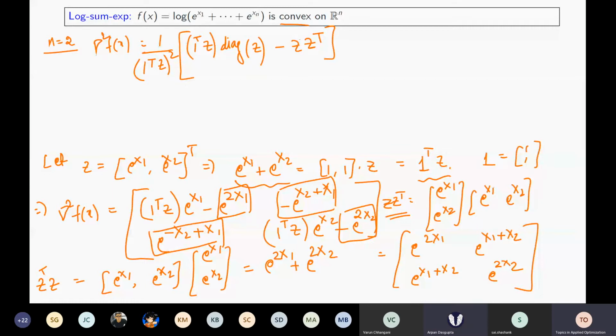And in that case, we can just take out e power x1 plus x2 as common from the entire determinant. We can take the determinant, and I think the determinant will turn out to be, yeah, so we can also do it that way. So let me do it that way, like what you're saying, and we can also do it the way that I'm doing.